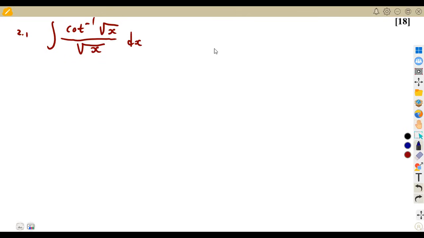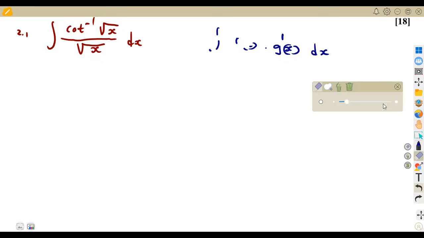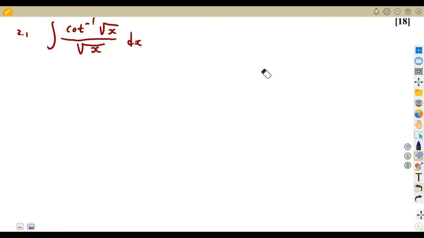Because by parts is supposed to be the integral of two terms, f of x by g prime of x with respect to x, a product of two different terms. So here we do not have that. Remember you can take the square root on top.